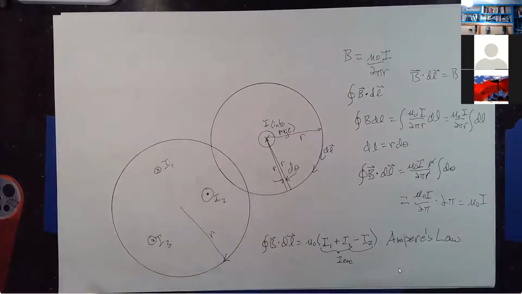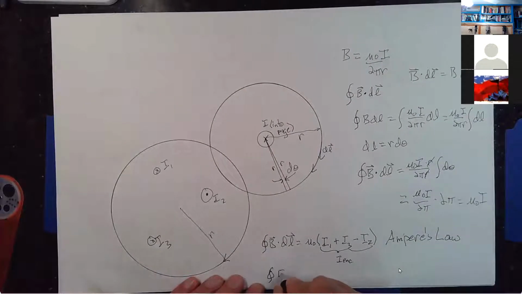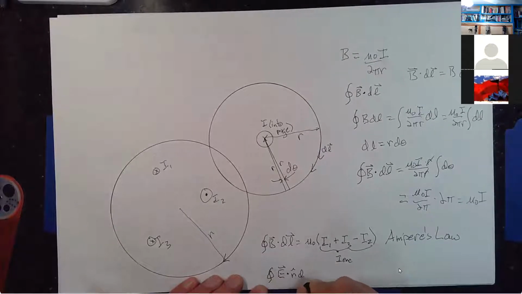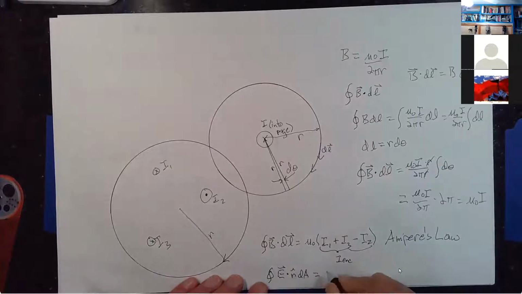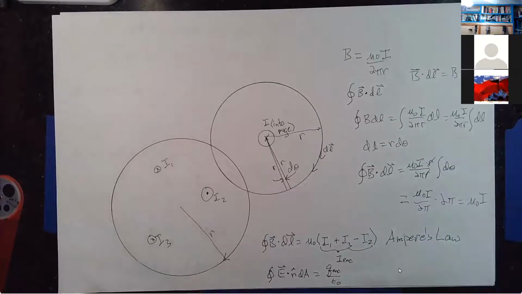It's analogous to what we found with Gauss's law, where the integral of E dot n hat dA ended up equaling the charge enclosed by the surface that we're integrating over divided by epsilon naught.